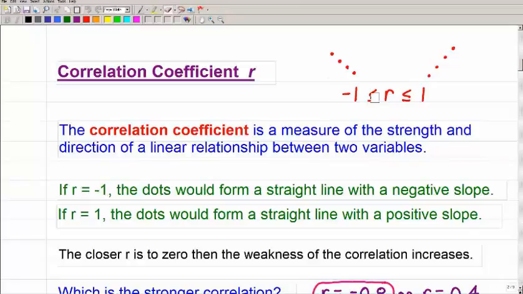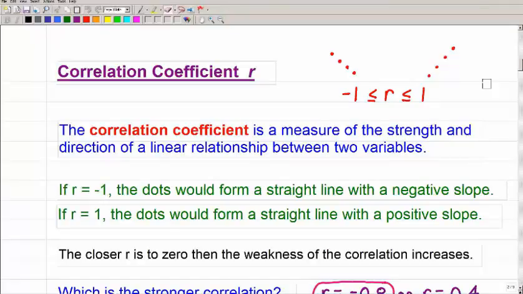On the opposite side, a straight line with any positive slope gives +1. The strength of the relationship is measured toward the outside values, -1 and 1. In fact, 0 is technically the weakest correlation you could have.